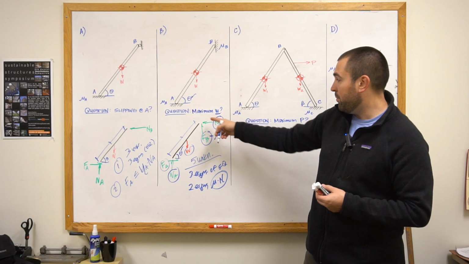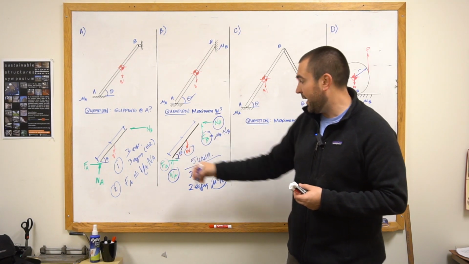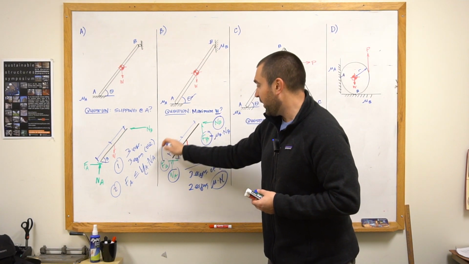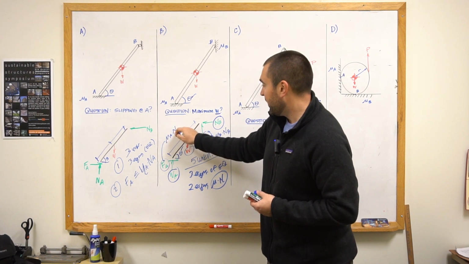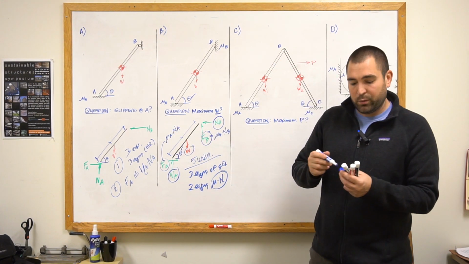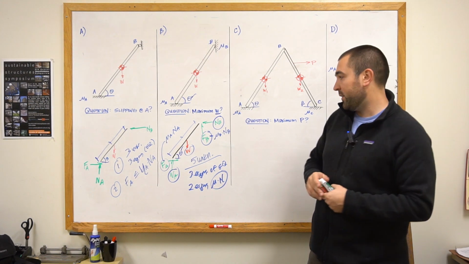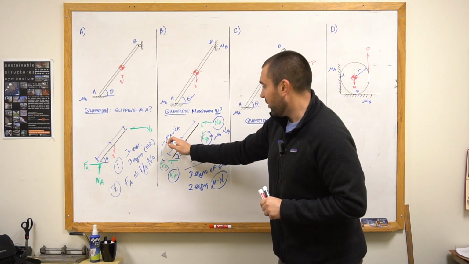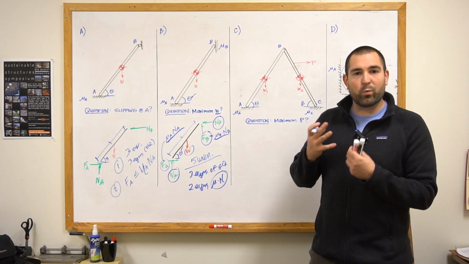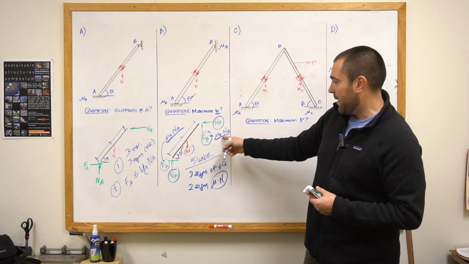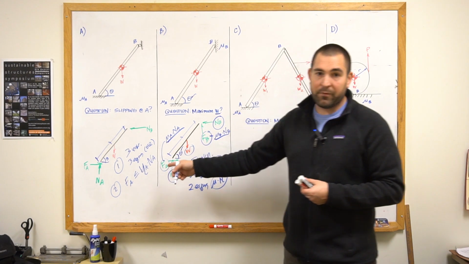But we know that B can't slip unless A is slipping, and so the same thing, the friction force at A will be equal to mu A times NA. This is what we call multiple points slipping at the same time, and because they're right on the verge of slipping, I can set them to their maximum values.